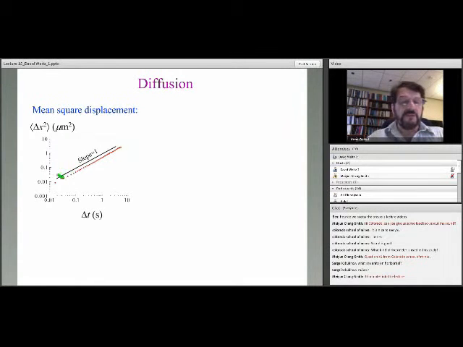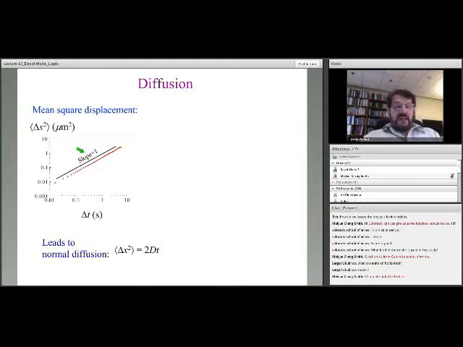That's shown here, plotted on a log-log plot, and it has a slope of 1. That's exactly what you expect for a diffusing particle. Diffusion in one dimension has a mean squared displacement of 2 times the diffusion coefficient times time. That's just the Einstein prediction. It's just the type of motion that you see in diffusion.